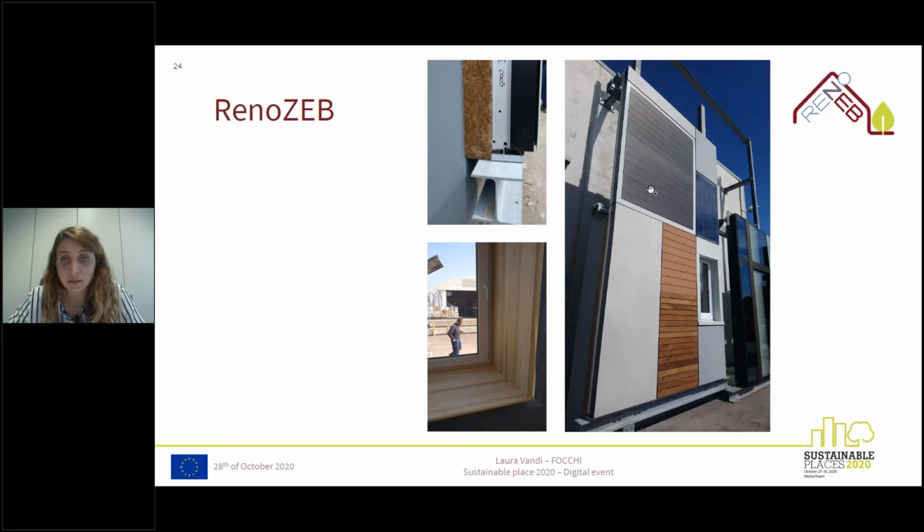You can see that the plug-and-play solution could have different cladding finishing, or even technology, as PV panels or solar panels, wooden cladding panels, or fiber cement, and you can see all of them in this picture. Some details, the monoblock and the section.